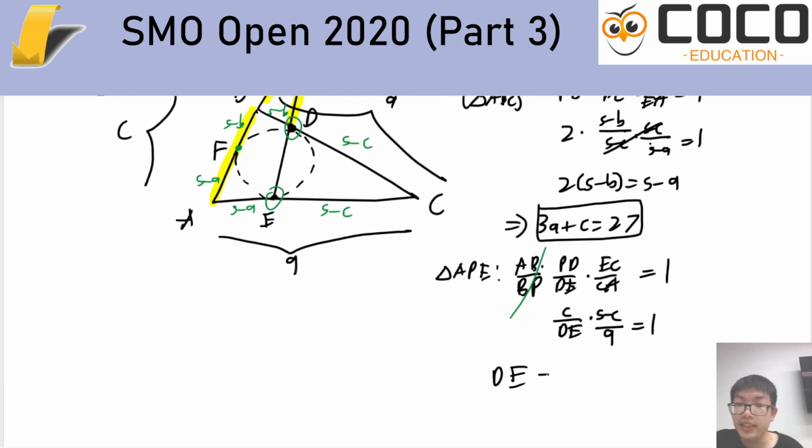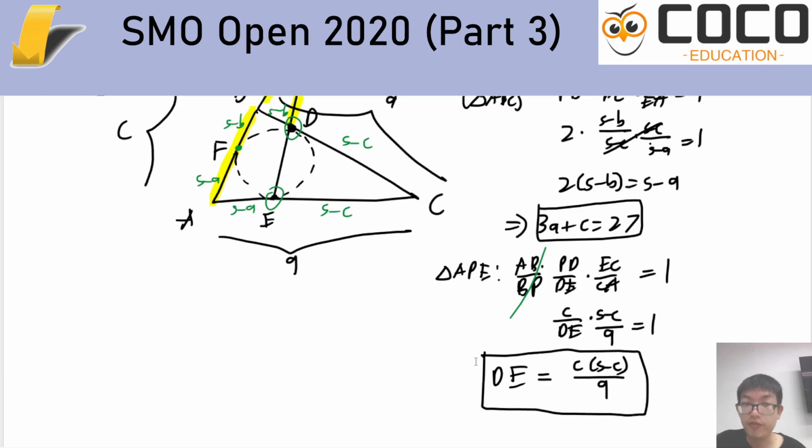I don't know what DE is. Oops, wrong direction. C over 9 times S minus C. Unfortunately, now I've got another equation.